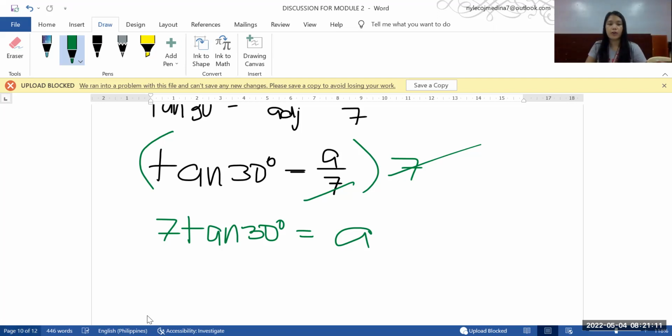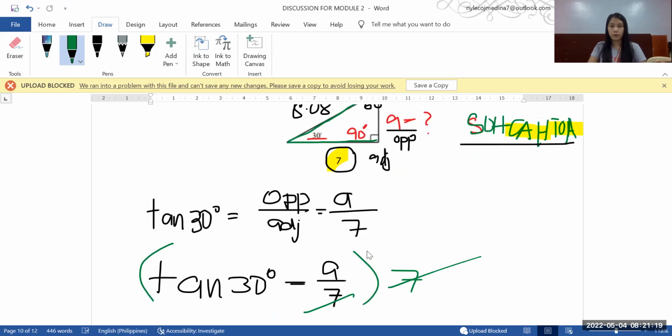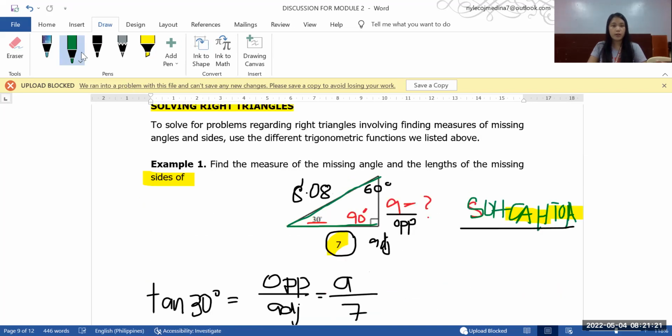Therefore, A is equal to 4.04. Okay? So, another example so that you will understand.